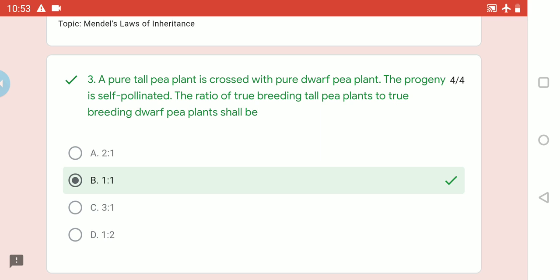The progeny is self-pollinated. So after the crossing, we will get capital T, small t. If it crosses with the same capital T, small t, the ratio of true breeding tall pea plant to true breeding dwarf pea plant shall be.